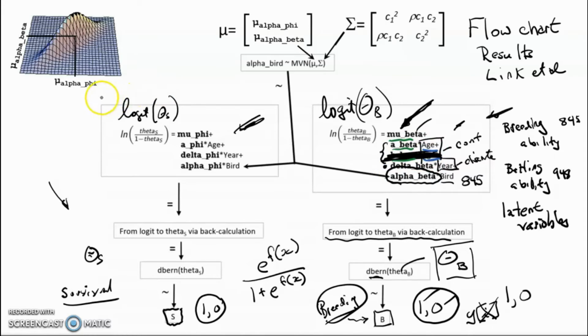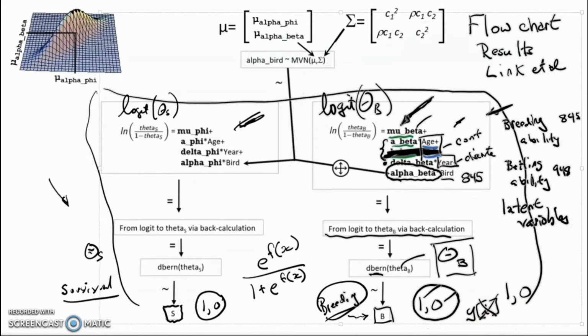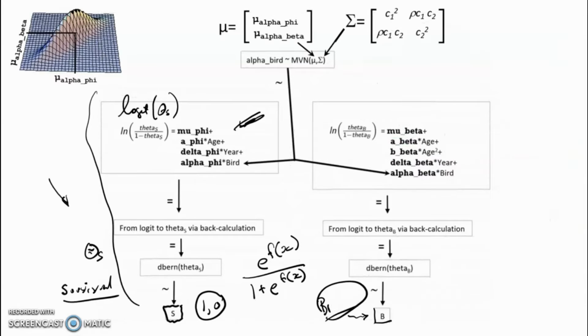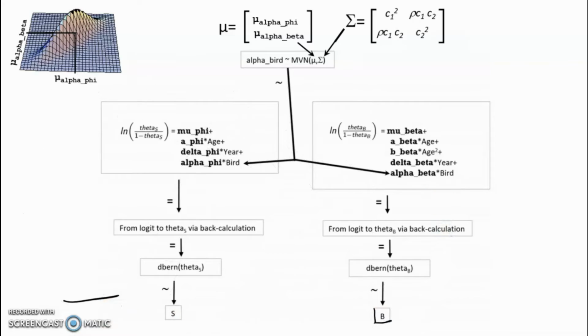So everything we've seen up until this point can all be thought of as the likelihood function. Now what I want to do is think about the priors.